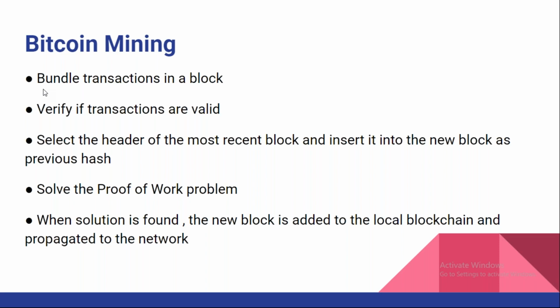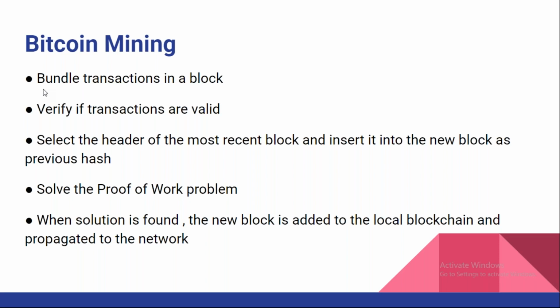Not for every Bitcoin, sorry, for every transaction there is an address, and that address will change. It is not your public address. Public address is different. Internally, for every transaction there is one address, and again it will come as an input.